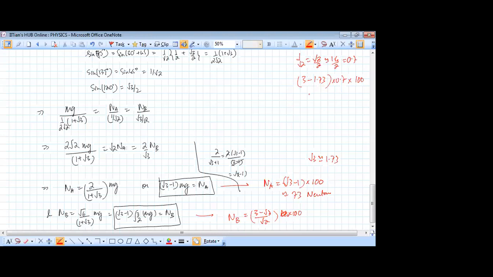So this is becoming how much? This is becoming 1.27 into 70. So that will become how much?